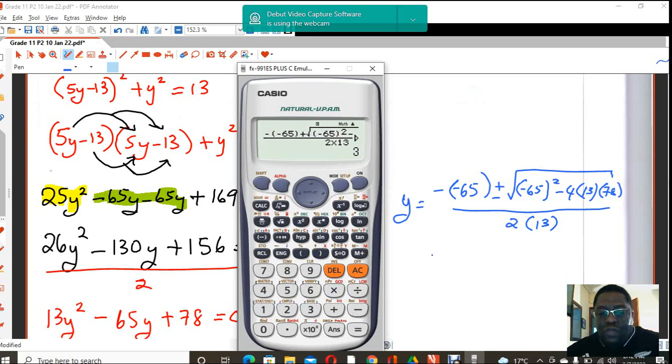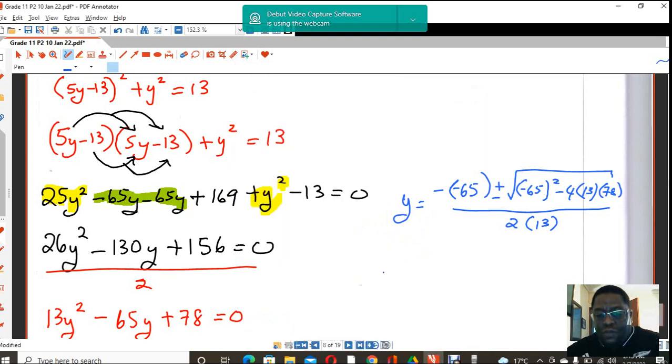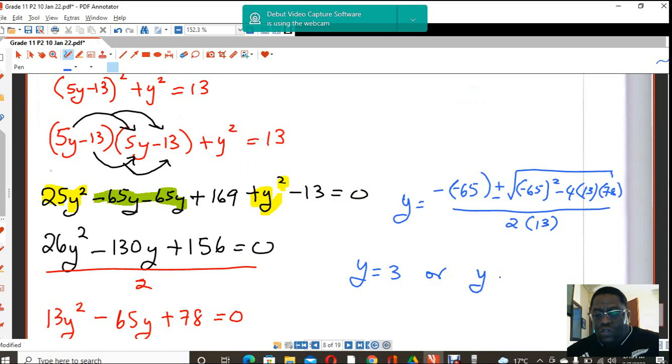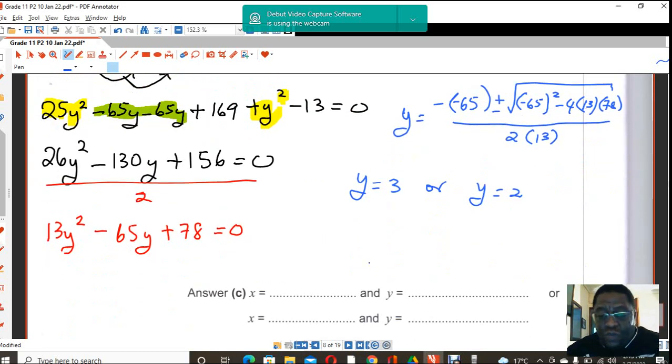Well, y equals 3. Okay, when I have a positive. So I've got y equals 3, or now I go back and make this a negative. So in front of the root, this is going to become now a minus. And then I get my next answer, which is y equals 2. All right. So my two values are y is 3 and y is 2.